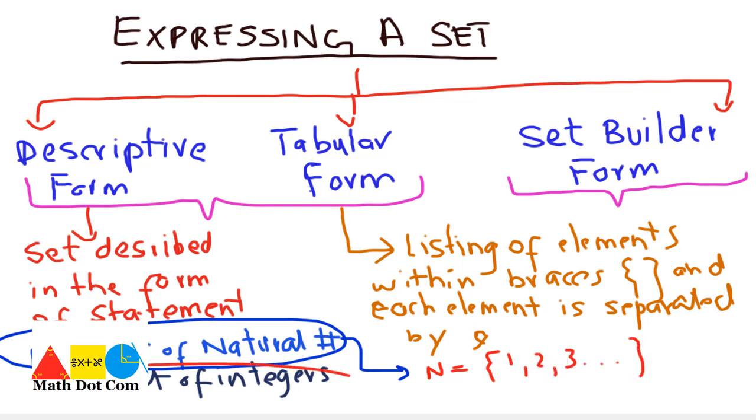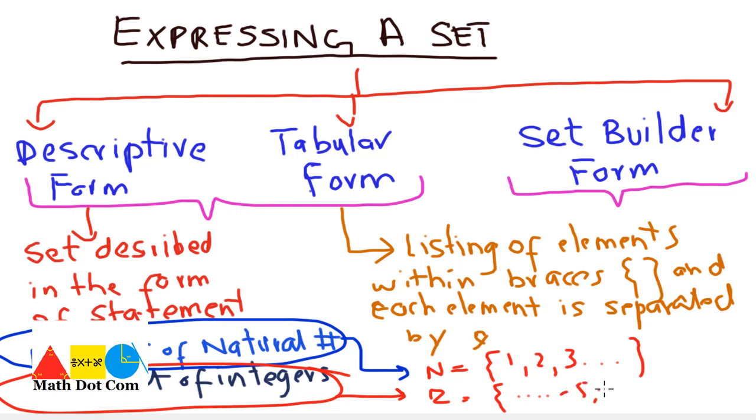And the set of integers can be written as Z is equal to {..., -5, -4, -3, -2, -1, and so on}. So this is how you can write or express a set in descriptive and tabular form. But we have already discussed them in detail. It was a very short overview, and our main focus is on the set builder form.